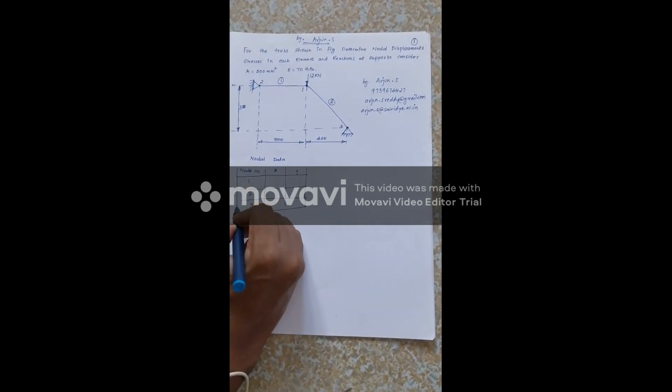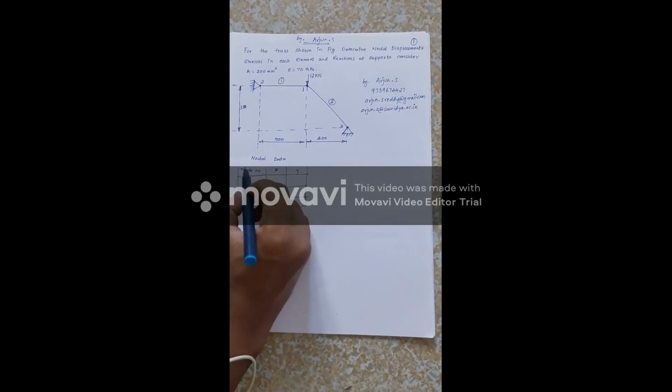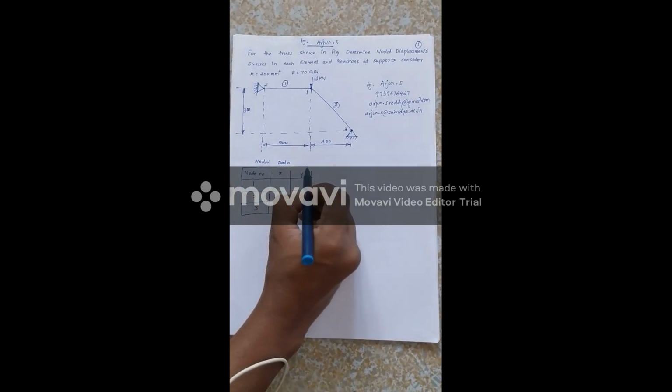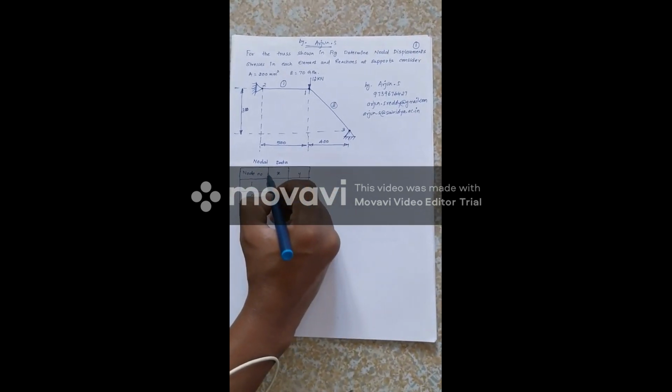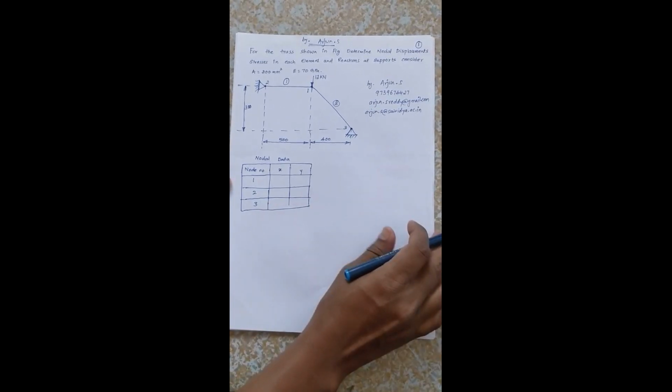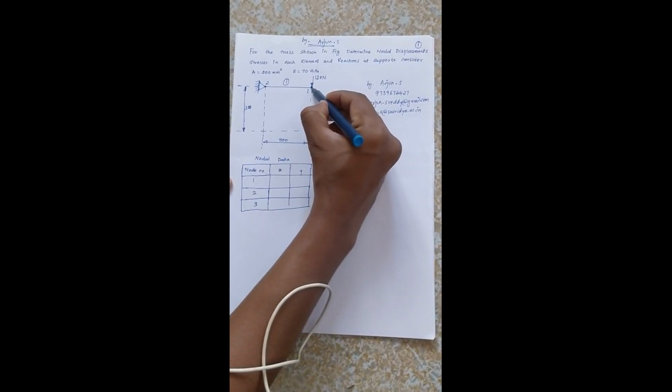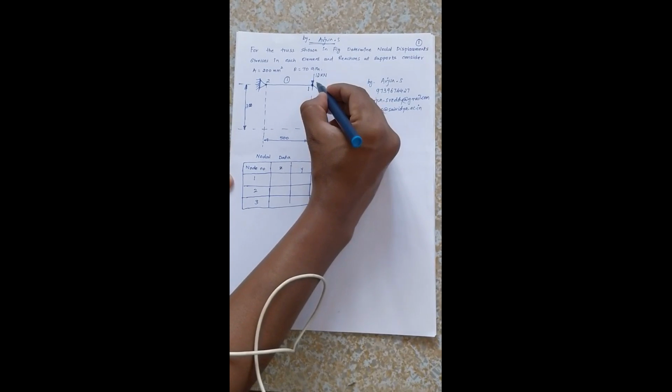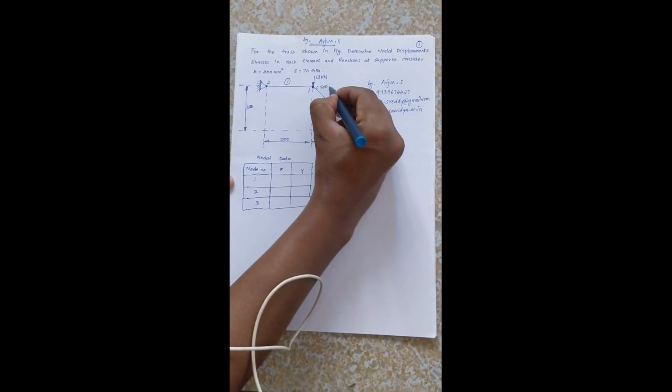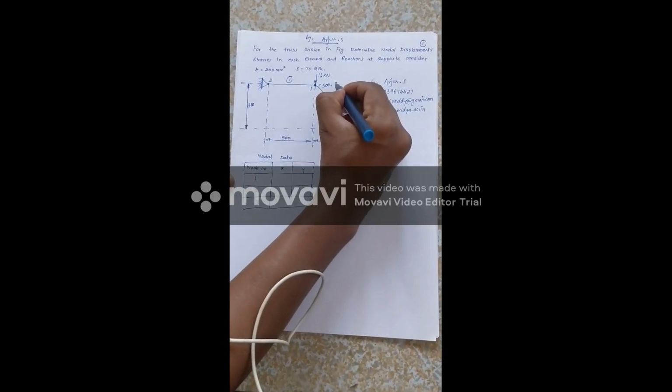So we'll write the nodal data for this. If we consider node number 1, the coordinates are x distance is 500 and y distance is 300.